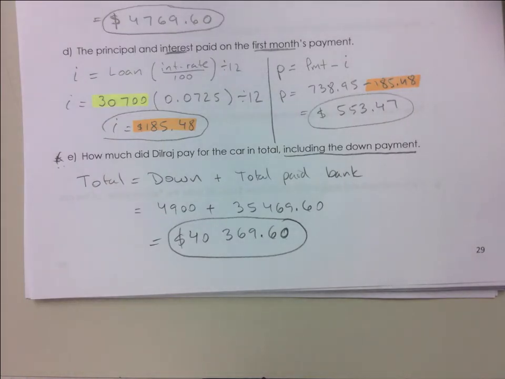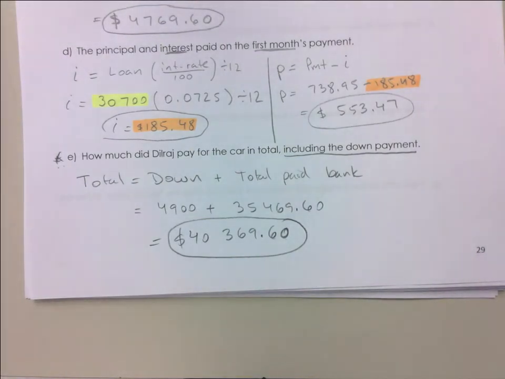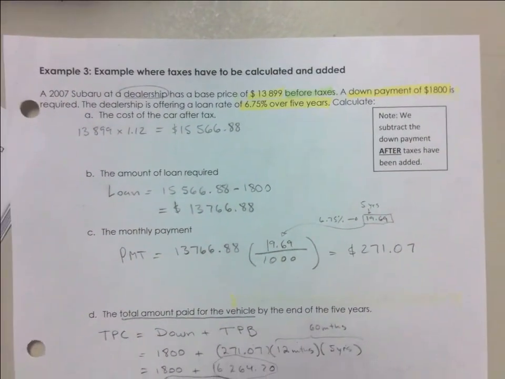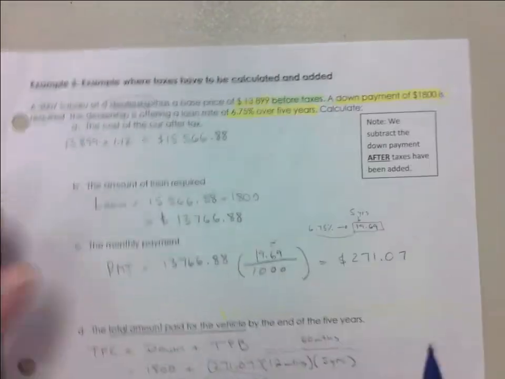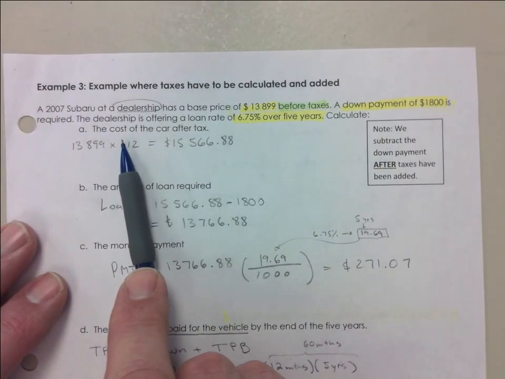Page 30. I think for page 30, I'm just going to show you the answer key. I'm going to walk you through the answer key just because of time. Page 30, this is actually including, like, we need to also calculate the taxes.